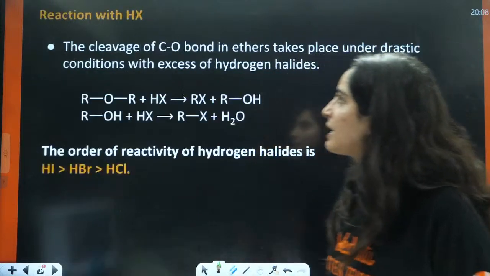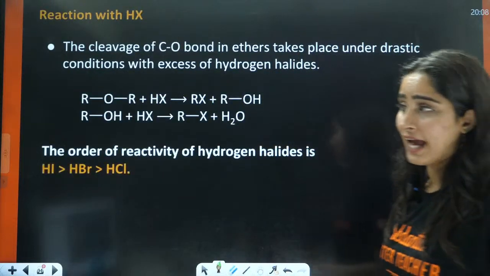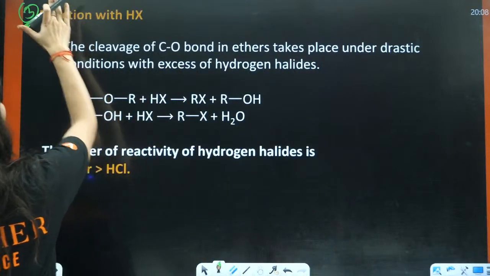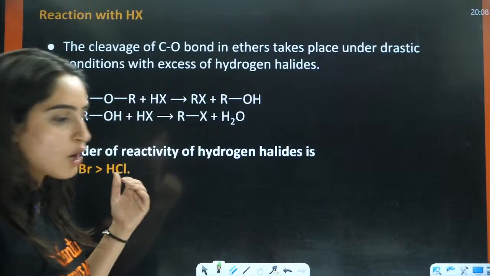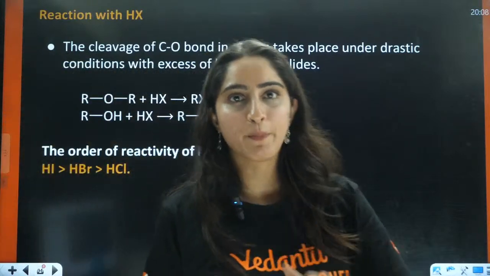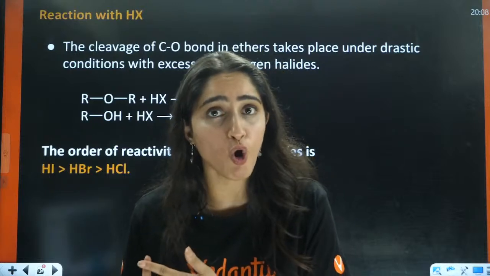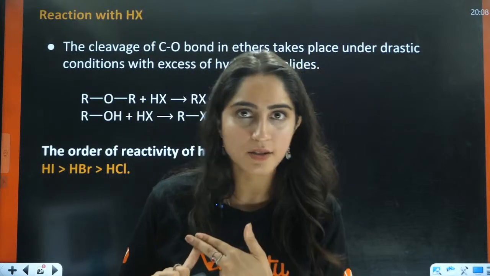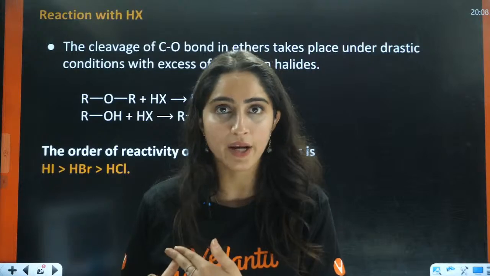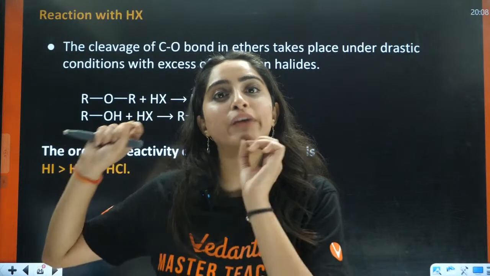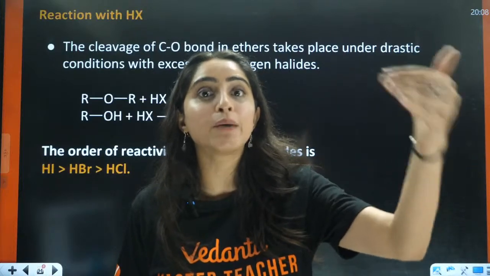Okay. Next is the third reaction and your last reaction, right? Reaction with HX. Now we are doing the reactions. We have done the preparations. Two preparations we did. One is dehydration of alcohol. Other is Williamson synthesis reaction. Dehydration of alcohol only gives ether when it is having primary alcohols.